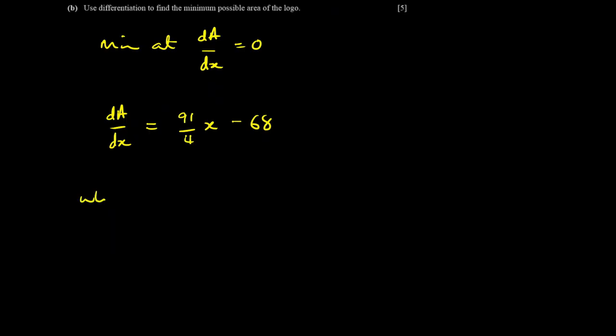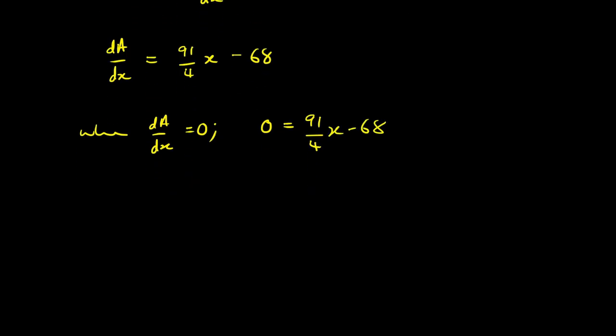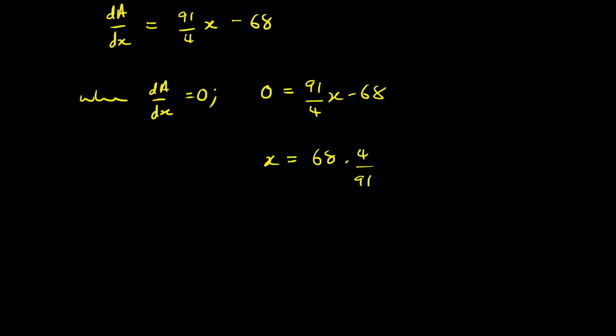So when dA/dx is equal to 0, then what we've got is 0 is equal to 91 upon 4x minus 68, which means that x is going to be equal to 68 times by 4 upon 91. And we could try to simplify that.